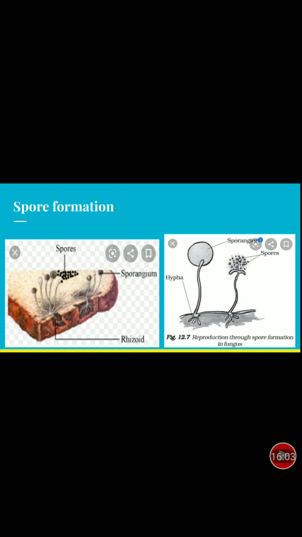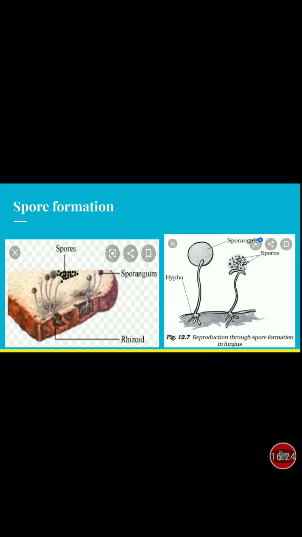At first you see a white colored mesh of cotton-like structures. These are known as mycelia. M-Y-C-E-L-I-A. Mycelium is singular, mycelia is plural.